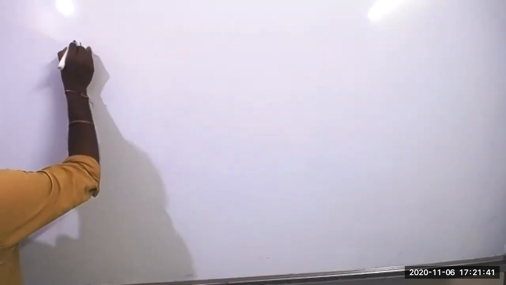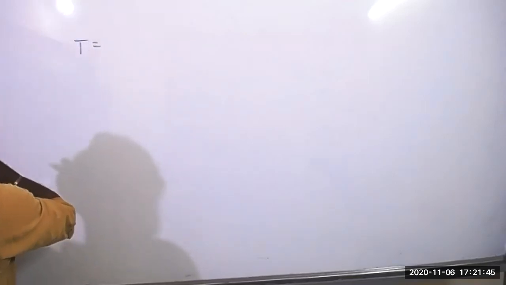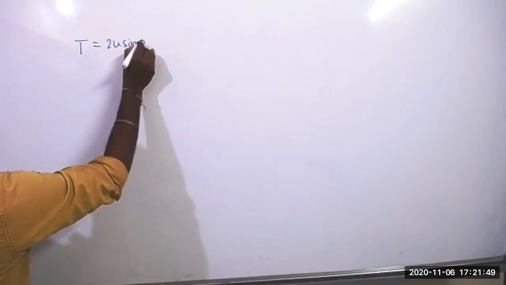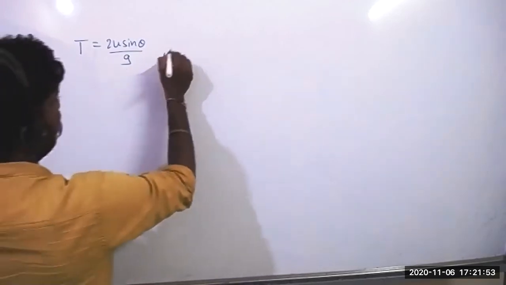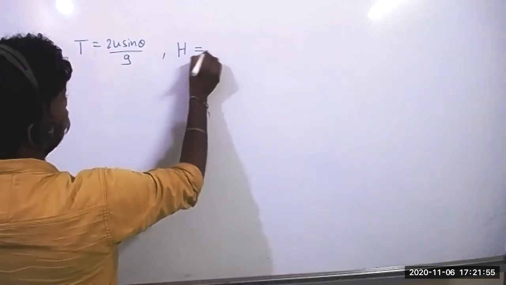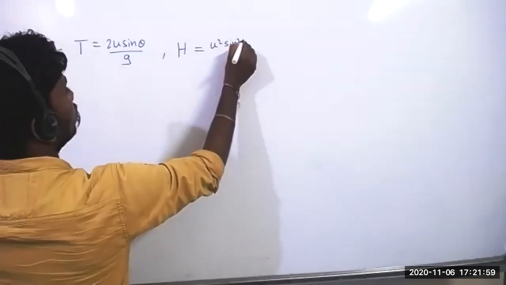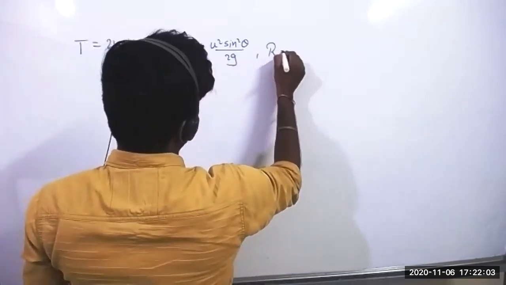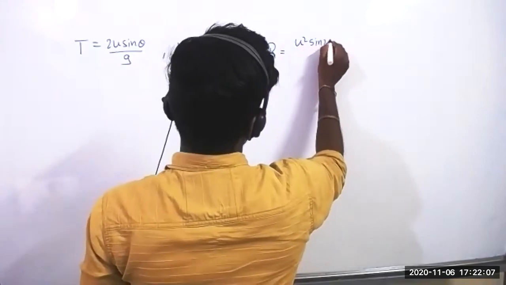Tell me the time of flight formula: 2u sin theta by g. Maximum height formula: u square sin square theta by 2g. Range: u square sin 2 theta by g.